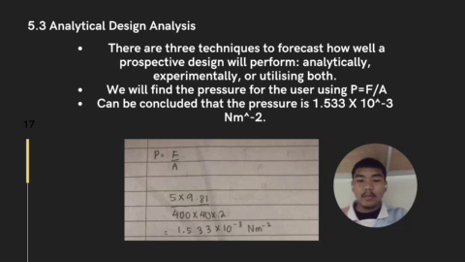Lastly, I will present about analytical design analysis. There are three techniques to forecast how well a prospective design will perform, which are analytically, experimentally, or using both. We decided to find the pressure for the user using the formula P = F/A.